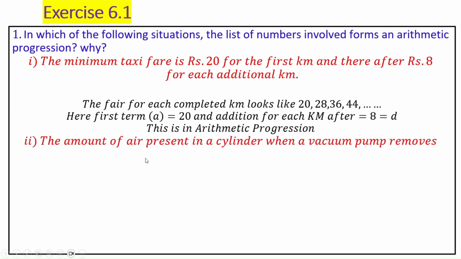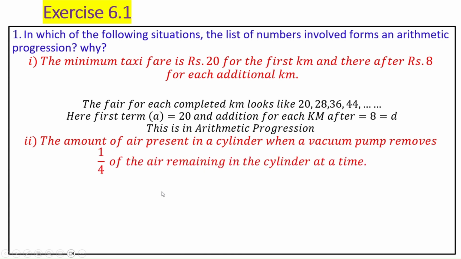The amount of air present in a cylinder when a vacuum pump removes 1/4 of the air remaining in the cylinder at a time. Okay, so there is some amount of air in the cylinder, and every time the vacuum pump removes 1/4 of the remaining air. Okay, so let the initial air in the cylinder be 64.